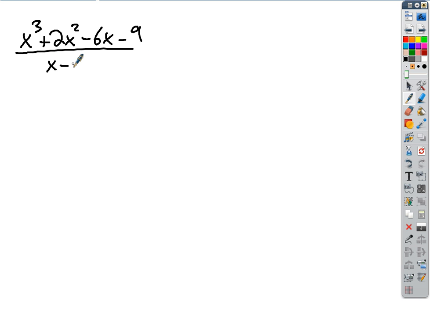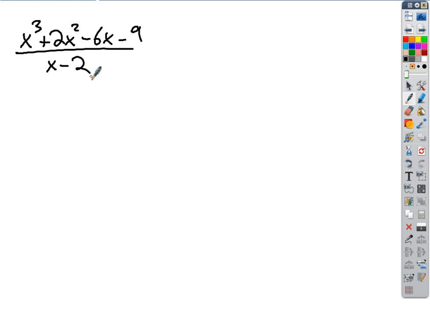What if we want to divide x cubed plus 2x squared minus 6x minus 9 by x minus 2? Okay, now I want you to notice something here.